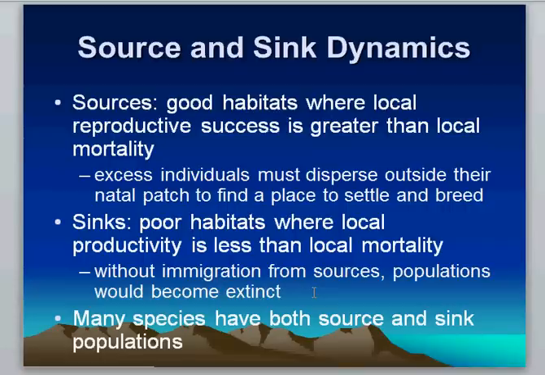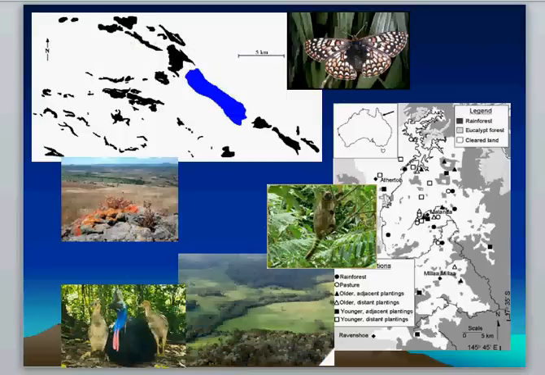Some of the other species with source and sink habitats, where some of the classic work was done in California, include this butterfly, I think it's a fritillary, heath fritillary or something like that. Its habitats are the tops of these ridges.